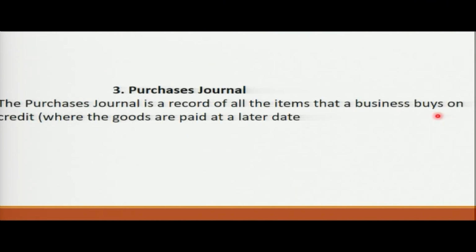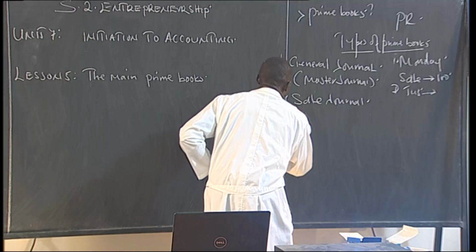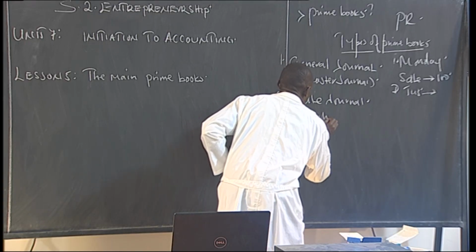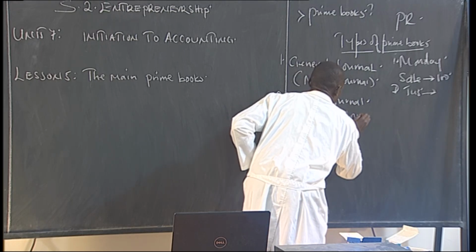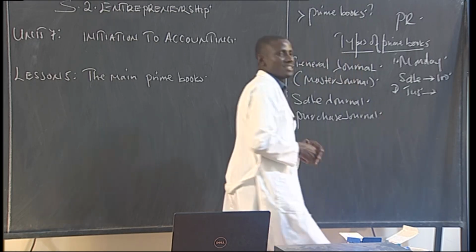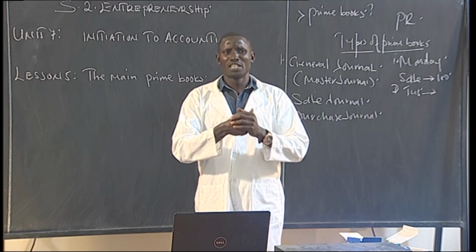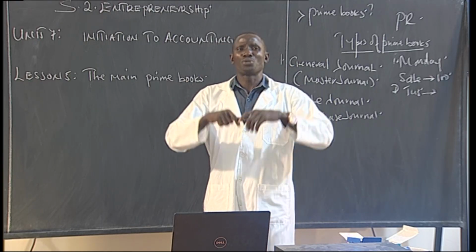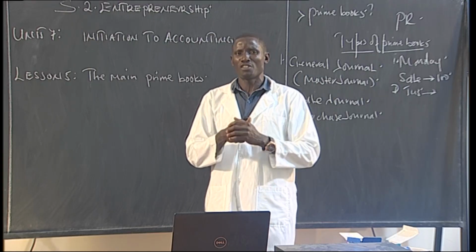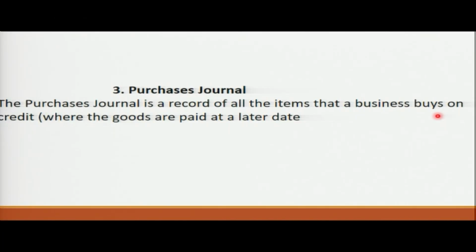Then we are having the third one as the purchase journal. In this purchase journal, we say that it records all the items the business buys on its own credit, where goods are paid for at a later date.